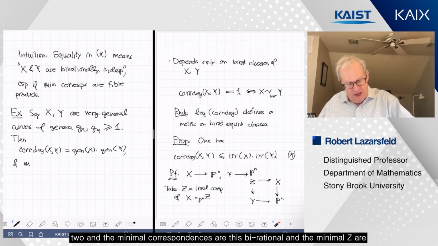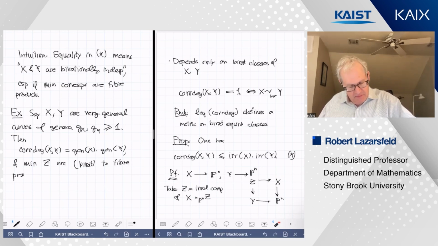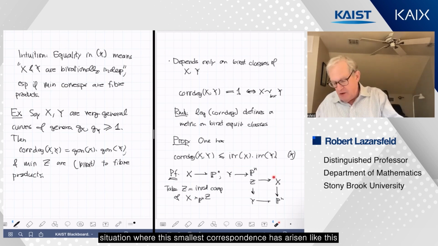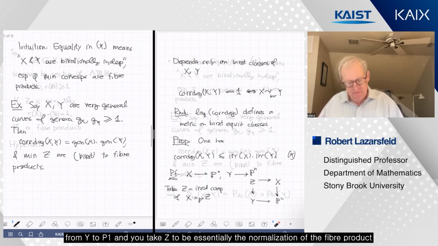The minimal Z are birationally the fiber products of the gonality maps. So for general curves, the smallest correspondences arise like this: you take the gonality map from X to P^1, the gonality map from Y to P^1, and you take Z to be essentially the normalization of the fiber product.